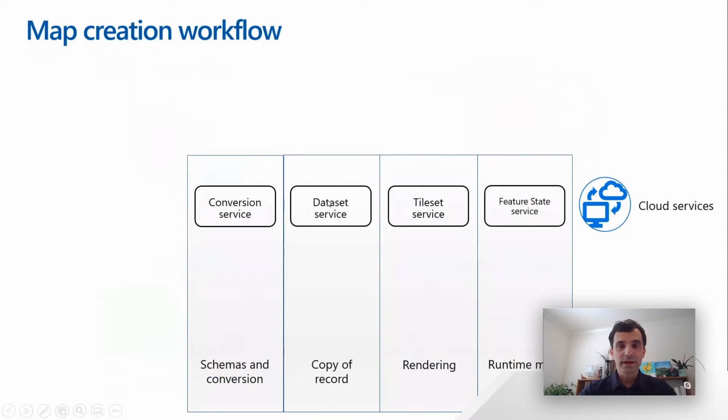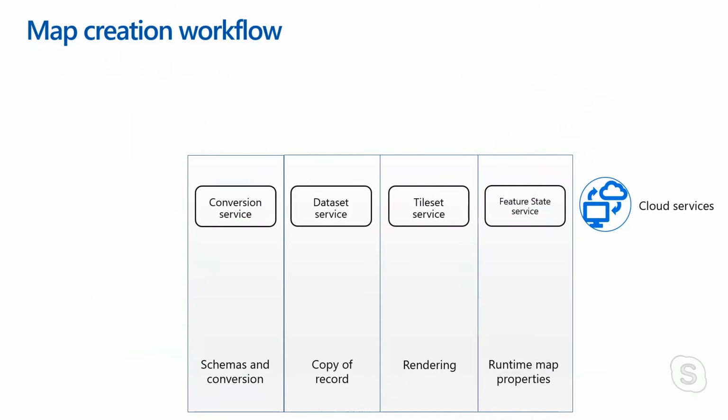I'm going to talk a little bit about the conceptual phases that we have during the map creation workflow. So with Creator, we are introducing a number of different new services: conversion, dataset, tileset, and feature state. Those are cloud services hosted in Azure Maps, and conversion is responsible for validating and controlling that the schema of the data imported is actually valid and can be processed.